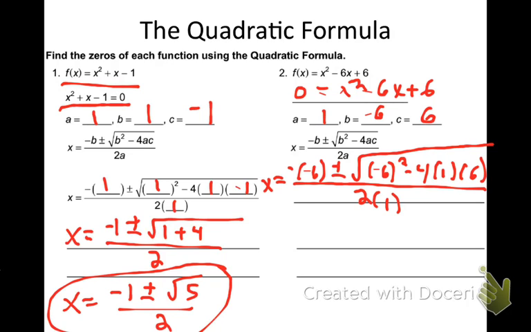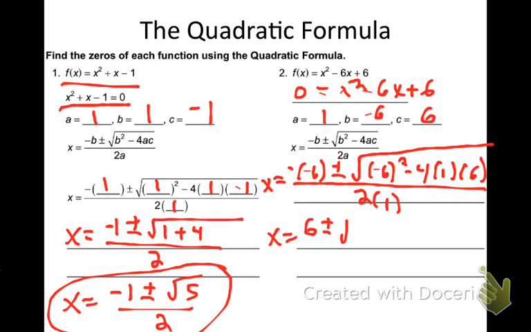Okay, so I took each value, I took 1 for A and I plugged it in. I took -6 for B and I plugged it in. And then I took 6 for C and I plugged that part in as well. Questions on where my values got plugged into there? Now I simplify. 2 negatives out front get me a positive. Negative, negative, I got -6. 2 negatives give me a positive there.